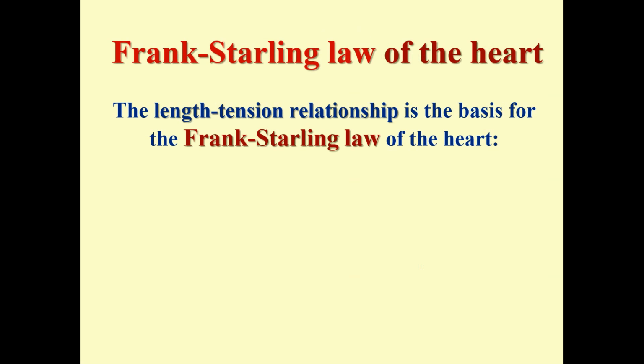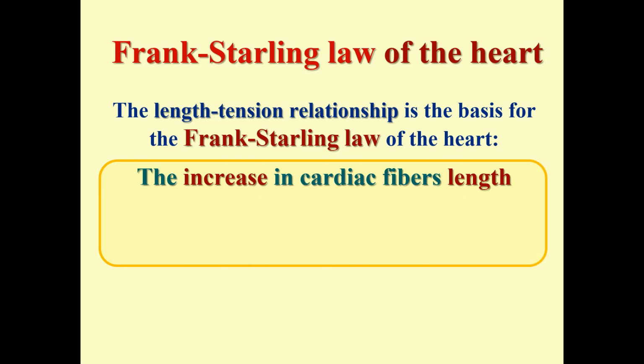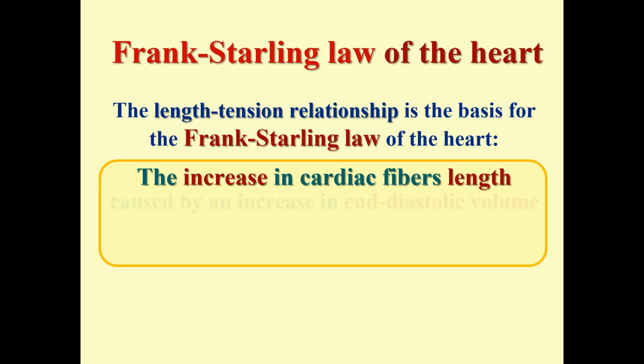Length-tension relationship that we considered on the example of the skeletal muscle operates in the heart muscle, and this is the basis for the classical Frank-Starling law of the heart, which we have already considered in the previous lecture, but let's recall again. The increase in cardiac fiber length-tension relationship first, which really is produced by an increase in the end diastolic volume, but now for simplicity we can omit this.